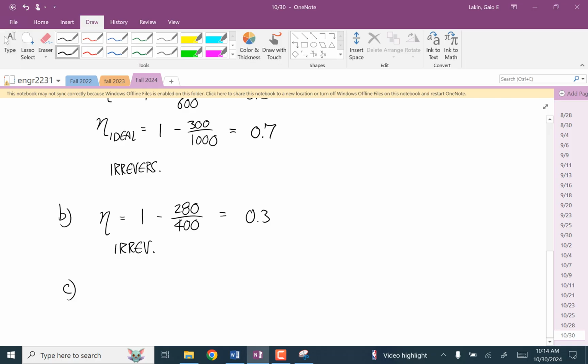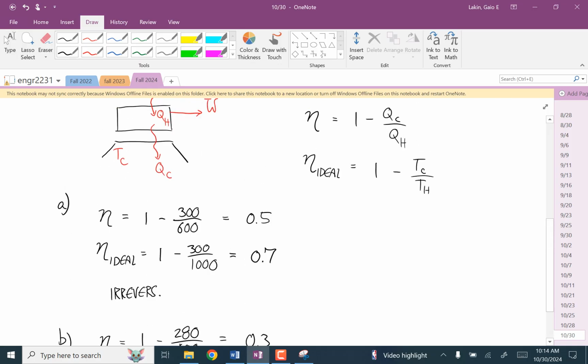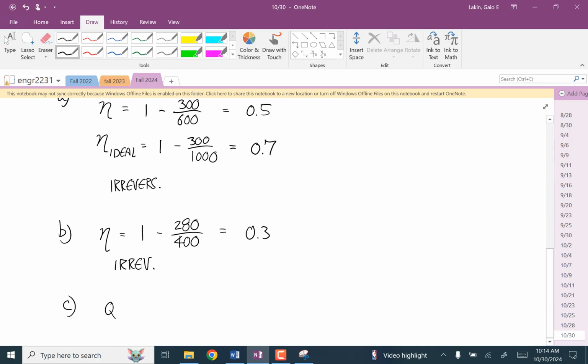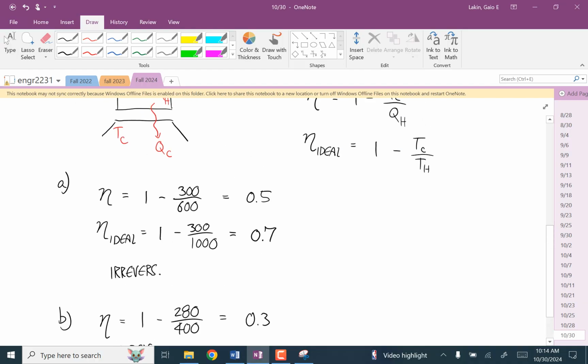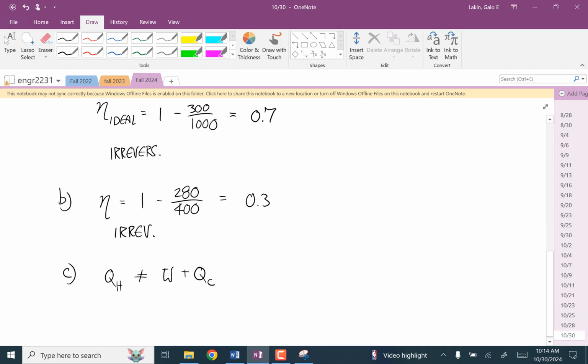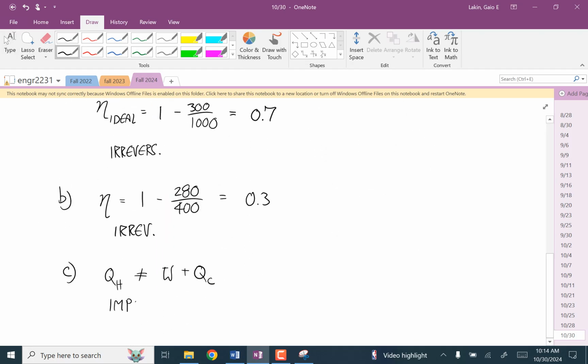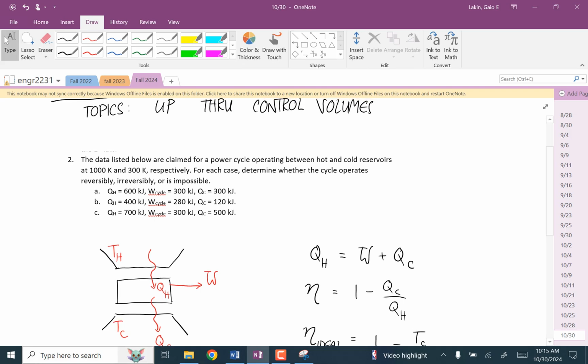And then for part C, QH is not equal to W plus QC, and so this is impossible. Wait, what's eta ideal in B? They're all the same. It's all the same system with these two hot and cold reservoirs.